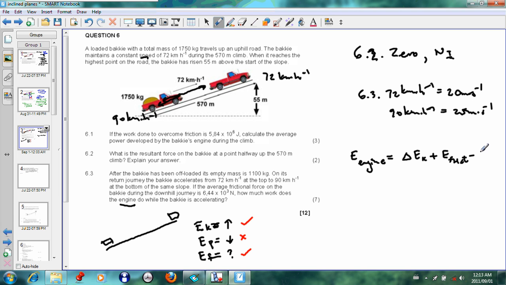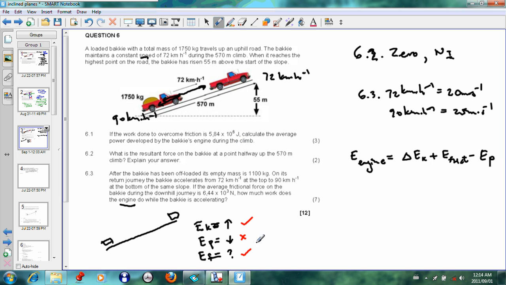So we have to subtract that energy that the potential energy gives to the engine. In fact, to rationalize it, the potential energy is converted to kinetic energy, so it assists the bucky in going down the slope.